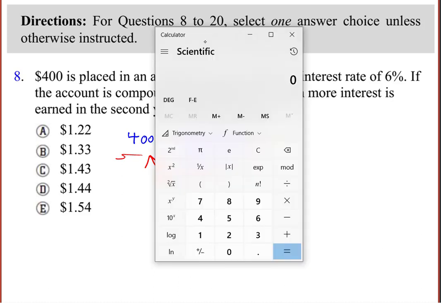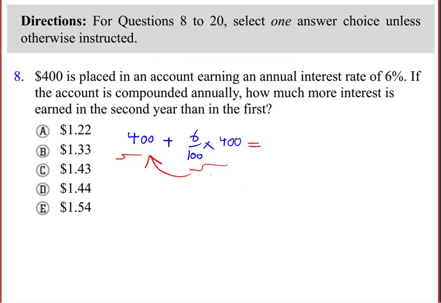As I said in the previous lecture, during the exam you will have a similar kind of calculator. You can use multiplication, division, subtraction, and addition. Okay, you have 6%, 0.06 multiplied by 400. This is 24. 24 is what? The increase in your money in the first year.